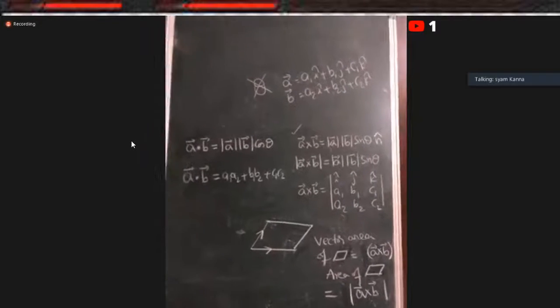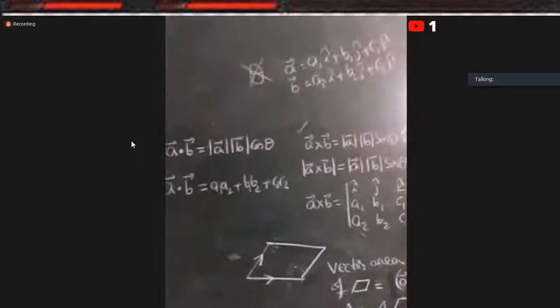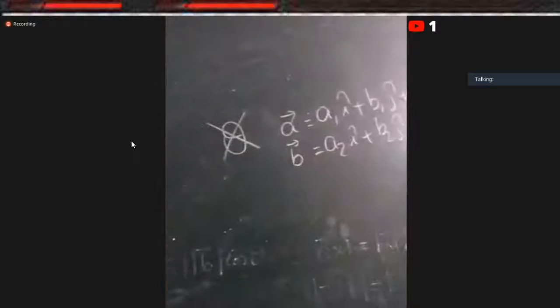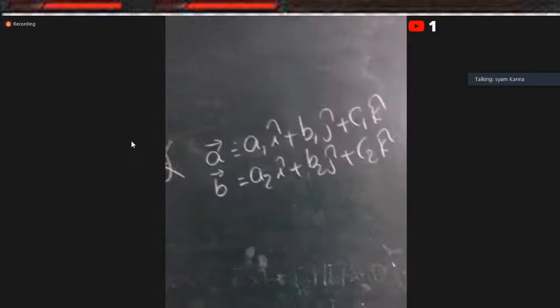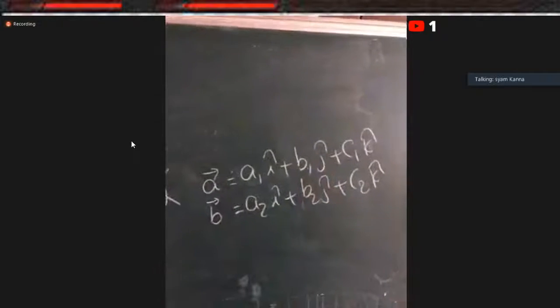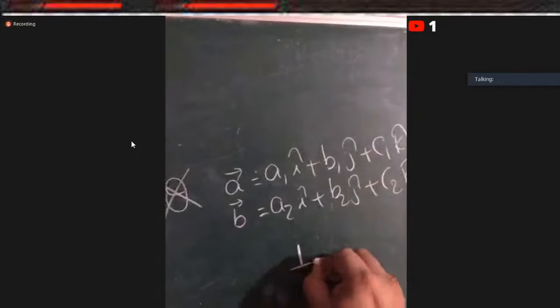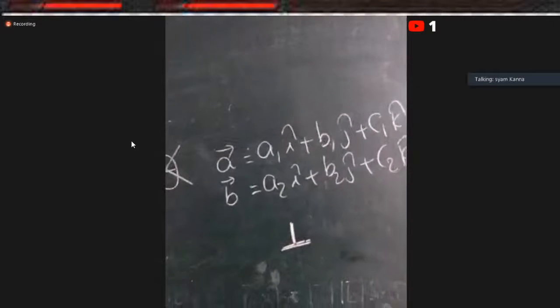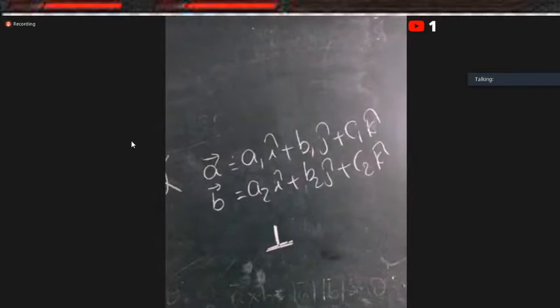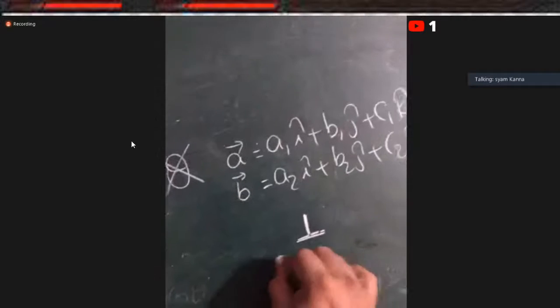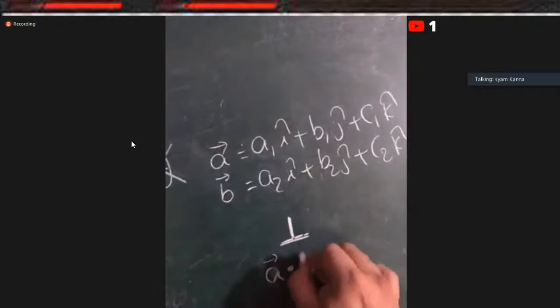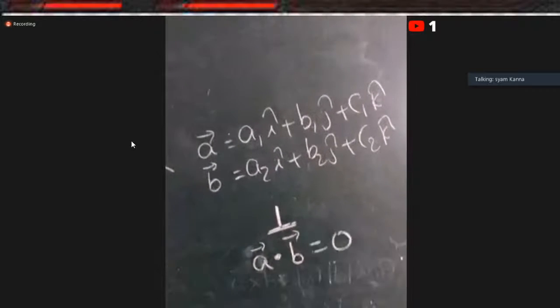Right. Now, next important one. When two vectors are perpendicular to each other, then I told you that A bar dot B bar is equal to 0.